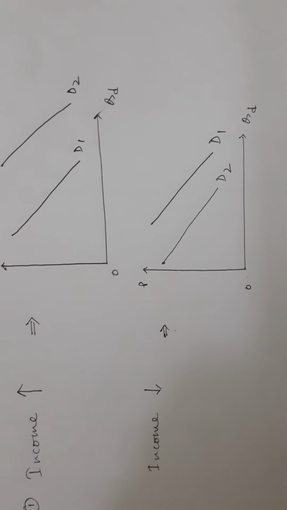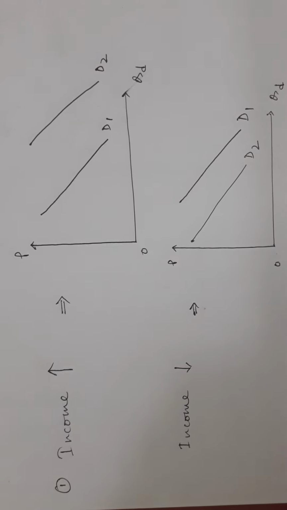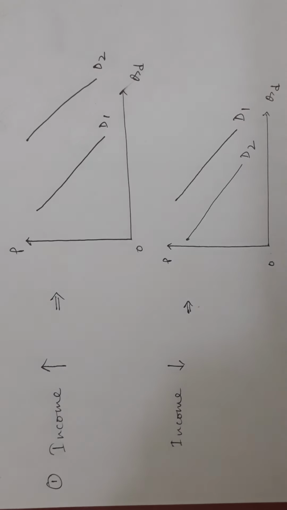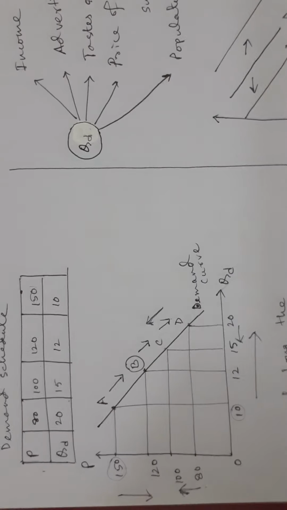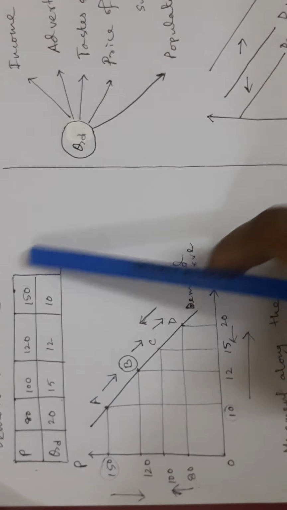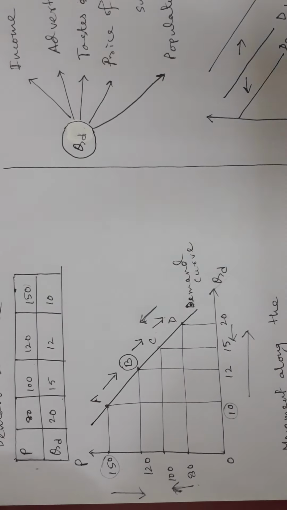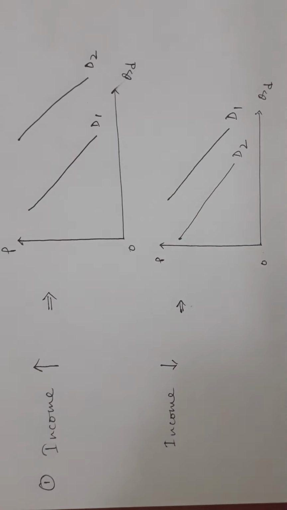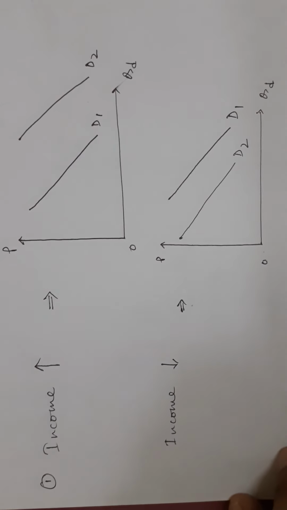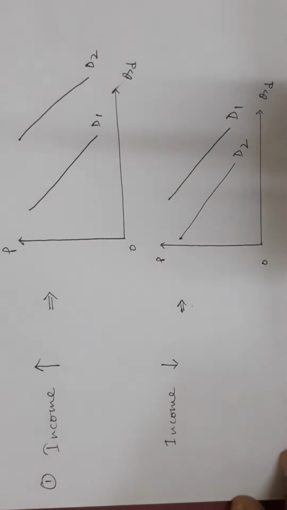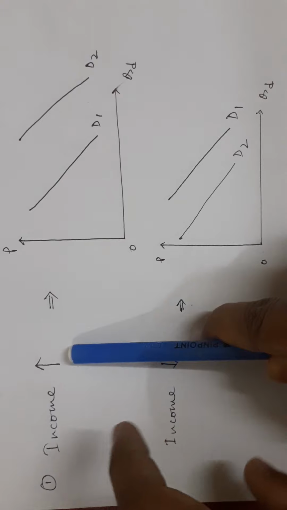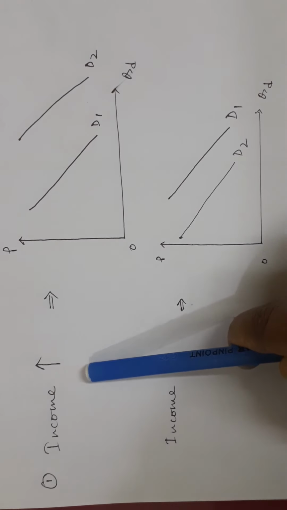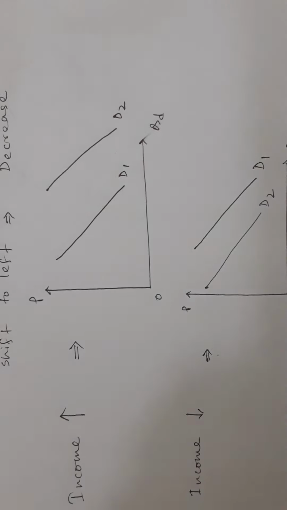Now how does income affect the demand curve? Always try to keep this table or this scenario in your head when we are learning this. If price rises, it becomes expensive, and usually you're supposed to reduce your consumption. But if your income rises, it means you have more money in your pocket, you can purchase more things, so definitely your demand will rise.